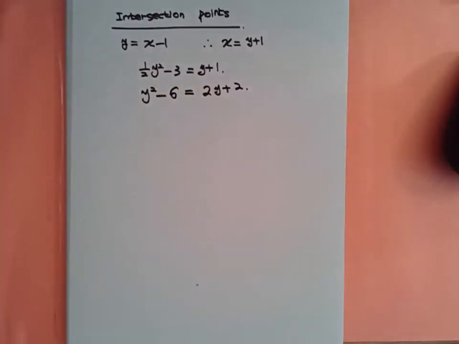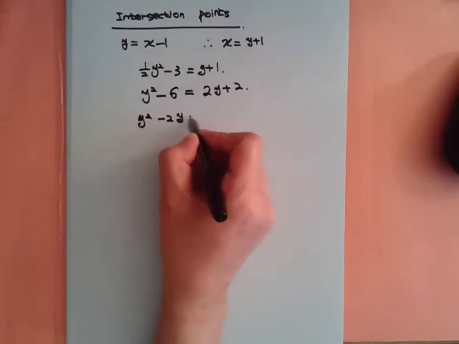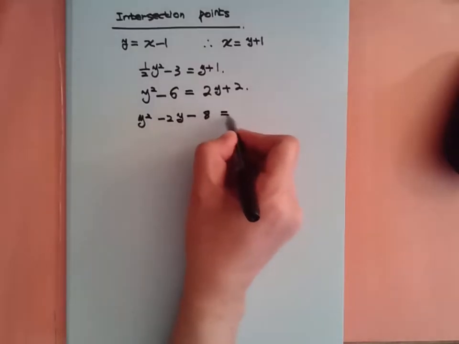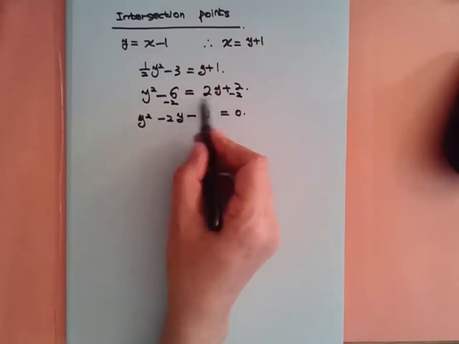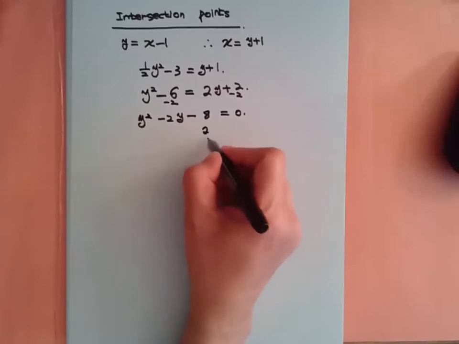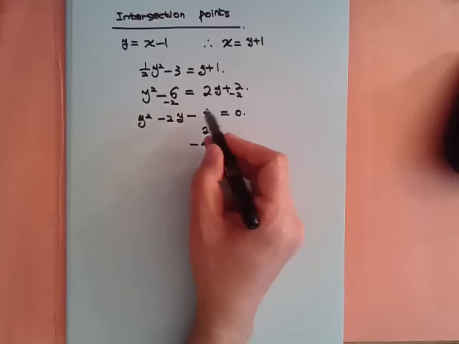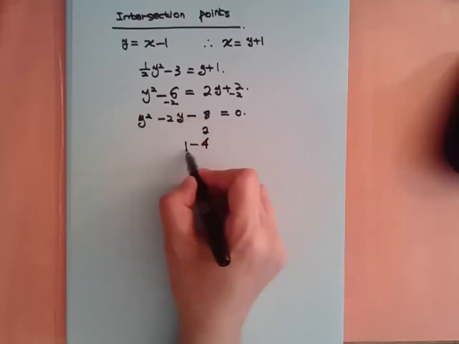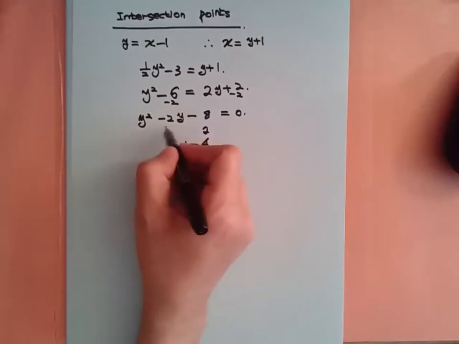So we have y squared minus 2y minus 8 equals 0. We move this to the left and subtract 2y on both sides. We know that 2 times 4 will make 8, and if we put a minus, it'll make minus 8, and when we add them up, it'll be minus 2, which is the same number in front of y.